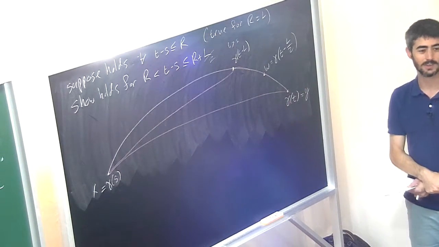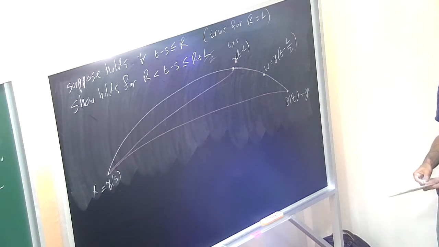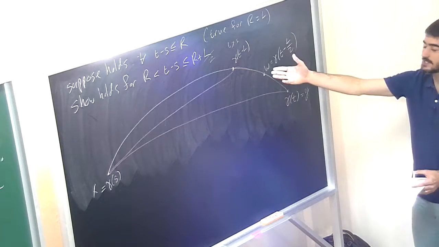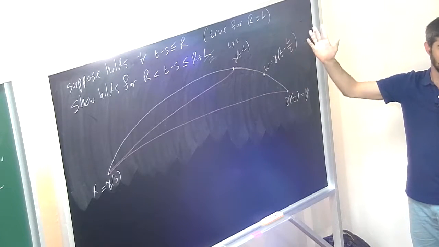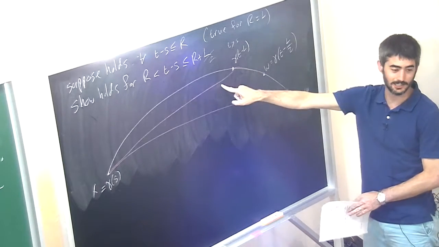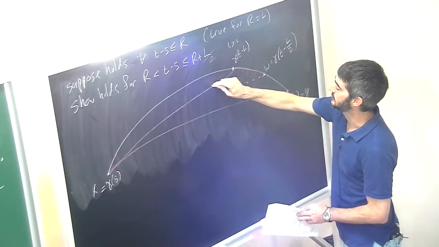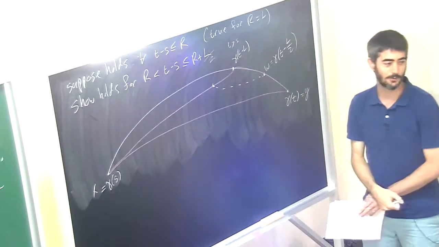All right, so what do we know? We know many things. First of all, this is a geodesic triangle, so W is close to somebody. It's within delta of somebody. And I want to know if it's over here or over here. So let's first think, what if it was close to somebody over here? Let's think what would happen then.